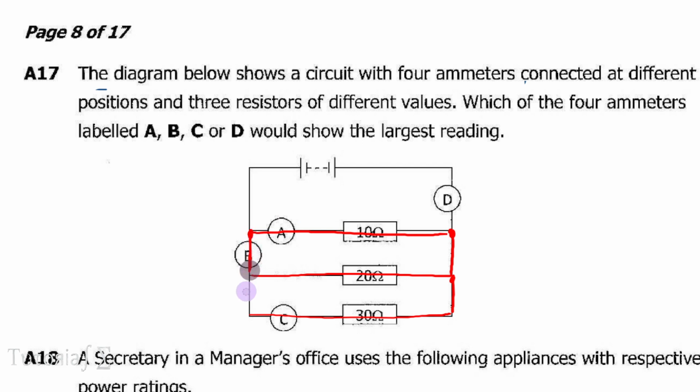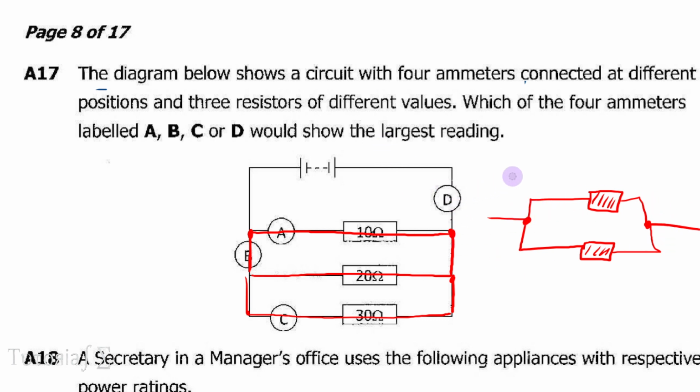Sometimes it could just be like this: a resistor there, another one there. These two resistors are in parallel because there are junctions between them.